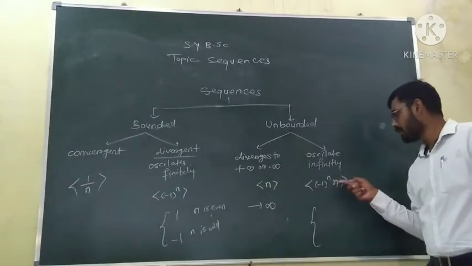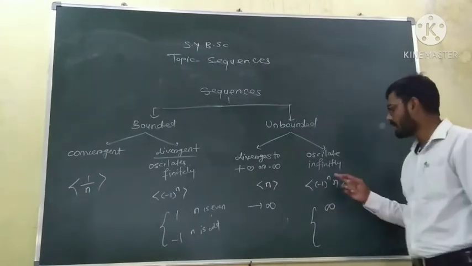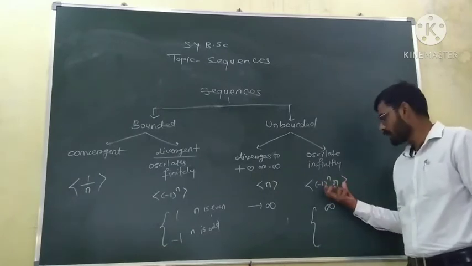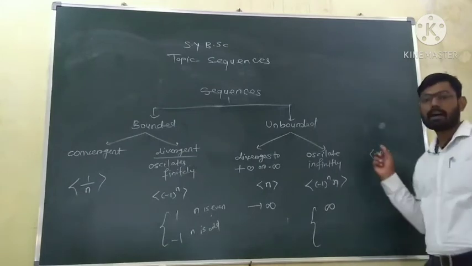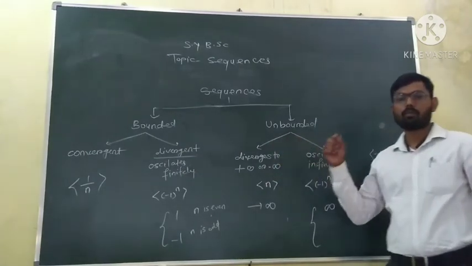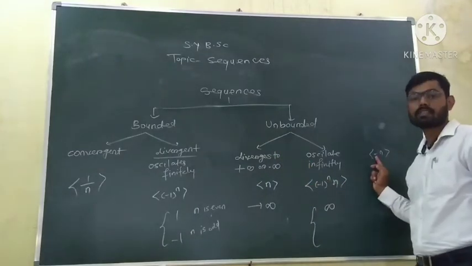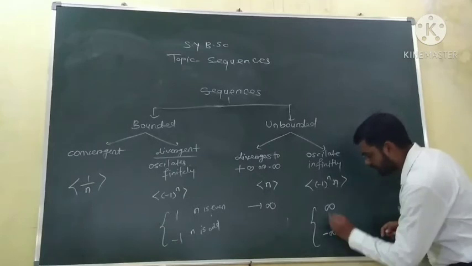As n tends to infinity, this goes to infinity. Now if we take n as an odd number, then (-1) raised to any odd number is -1, so the sequence becomes -1, -2, and so on. So this sequence diverges to minus infinity. If we take any odd n, the sequence diverges to minus infinity.